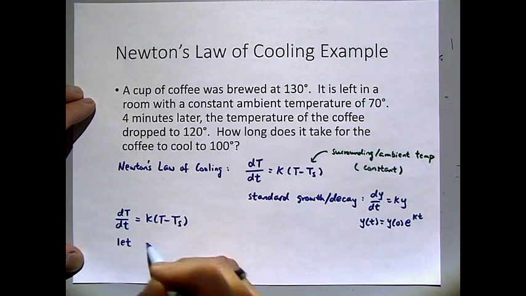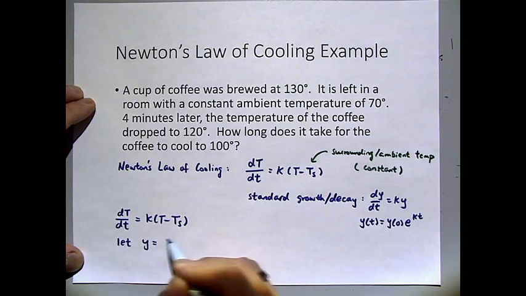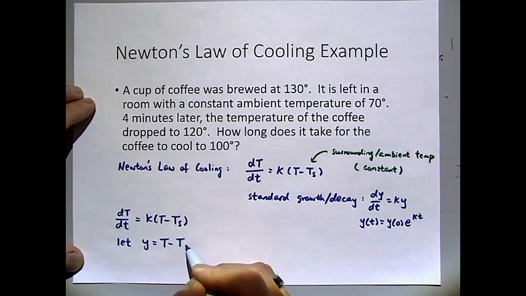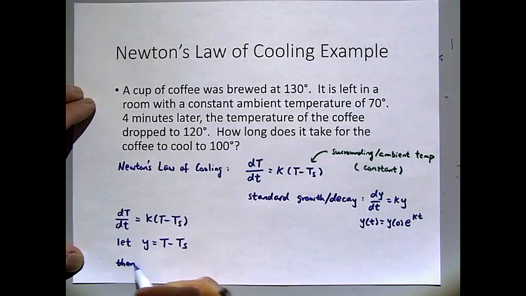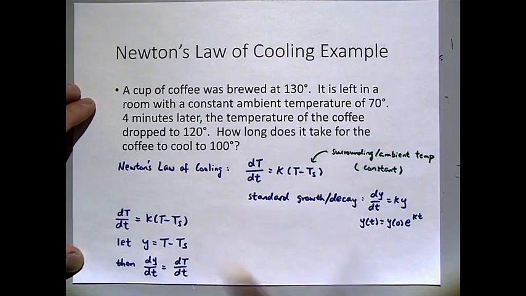if you make a substitution, let y be capital T minus Ts. Then dy/dt is the rate of change of capital T, because Ts is a constant, it has no derivative. Okay? So if we make this change, then notice what happens.